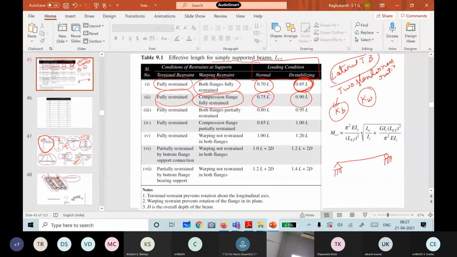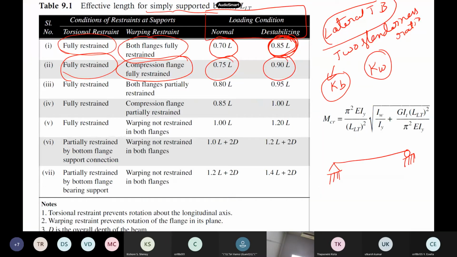Here, to find this effective length, you can see torsional restraint is fully restrained, and warping also. Both of them are fully restrained. Then if it is a normal case, you also have a destabilizing case. So you have to mention it very clearly. If nothing is mentioned in the problem, you can take whatever value you please, but mention it.